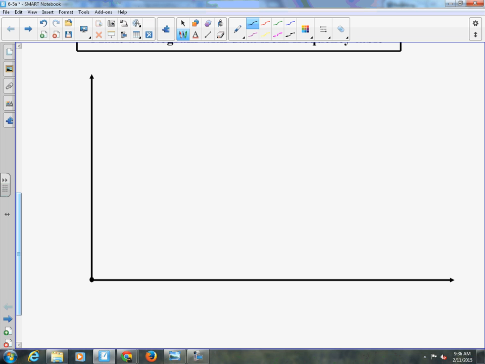We need to know what everything is going to be. So a histogram has frequency down one side, and the other side is going to be number of reps, or representatives. I'm just going to say reps for time's sake.